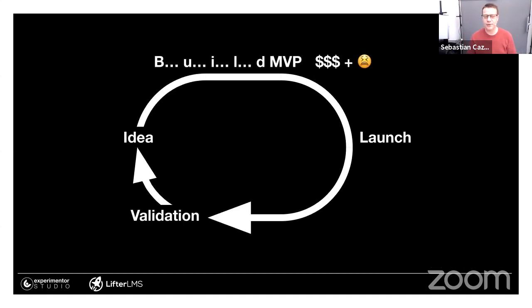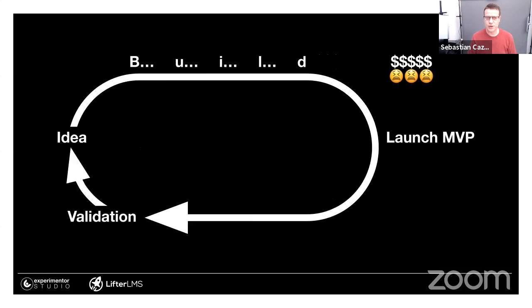What happens in reality is that the build phase gets longer, and you'll start investing more money, more work, and you'll get more frustrated just because it takes longer than you expect. And the launch seems to be very difficult to achieve, the launch point. And it gets even longer, and you spend even more money.